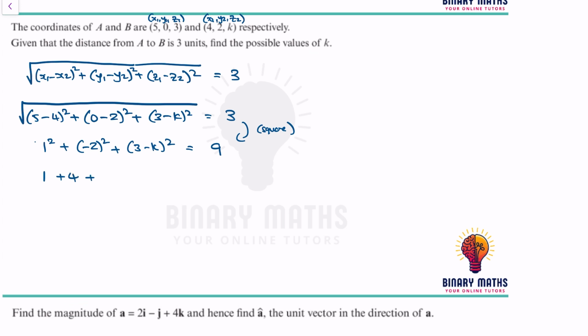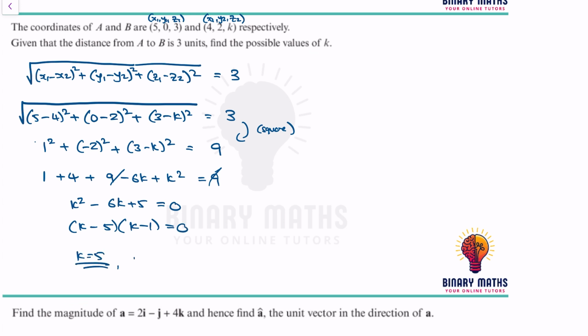When I expand 3 minus k squared, I get 9 minus 6k plus k squared is equal to 9. So I end up getting k squared minus 6k plus 5 is equal to 0, which factorizes to k minus 5 times k minus 1 equals 0, which means k equals 5 or k equals 1. So we found the possible values of k.